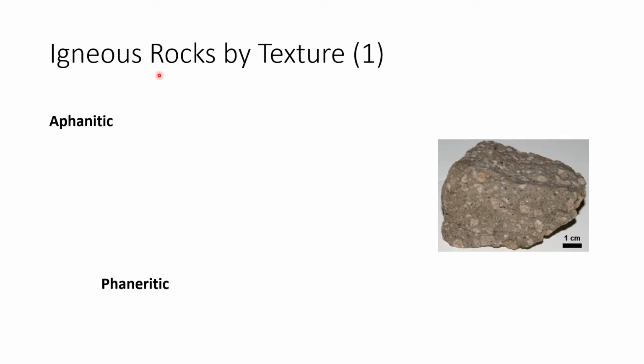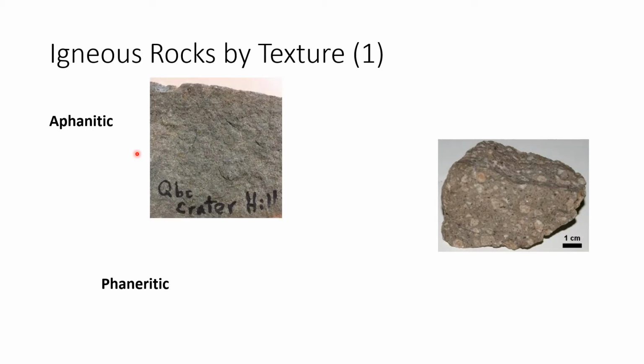First step, is my rock aphanitic or phaneritic? So what we're looking for here is basically an aphanitic rock, the mineral grains, and I know we're limited here in having to do everything via distance learning, so you can't pick up this rock and really look at it, but I would be doing this with the actual rock, and I would actually use my hand lens, a little handheld magnifying glass, and I would look even with it. Can I distinguish individual crystal grains?